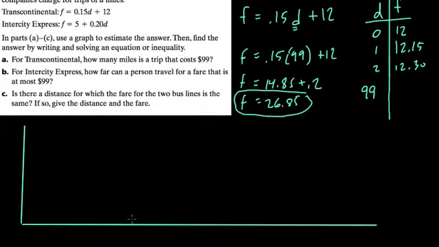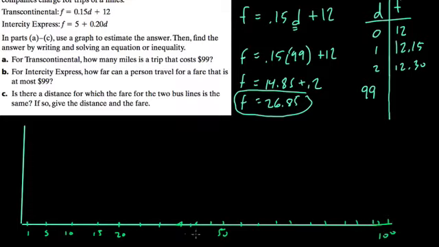For distance, we're looking at from 1 up into 99, so I'm going to go by 5: 5, 10, 15, 20, and so forth, 30, 40, 50, 60, 70, 80, 90, and 100.